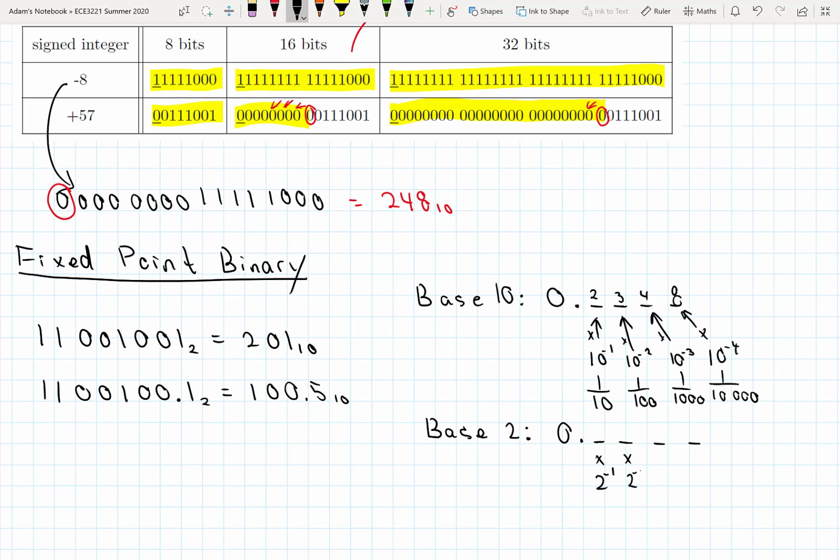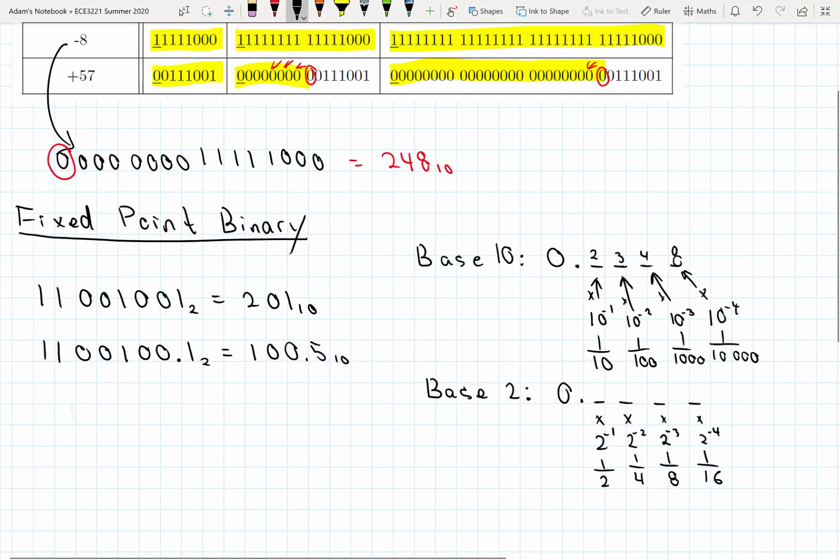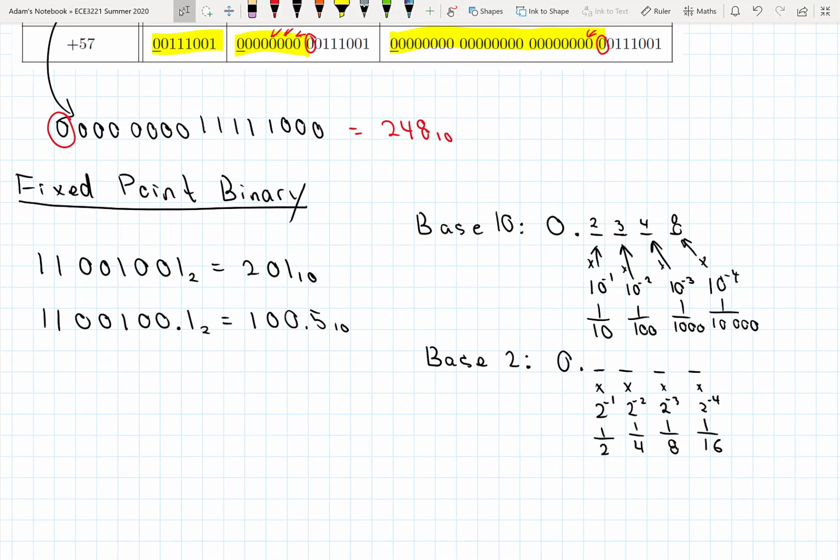Then times 2 to the minus 2, times 2 to the minus 3, times 2 to the minus 4, which is a weight of 1/2, a weight of 1/4, a weight of 1/8, and a weight of 1/16. So with that in mind, I can represent different fractional values with what we would call fixed point binary.